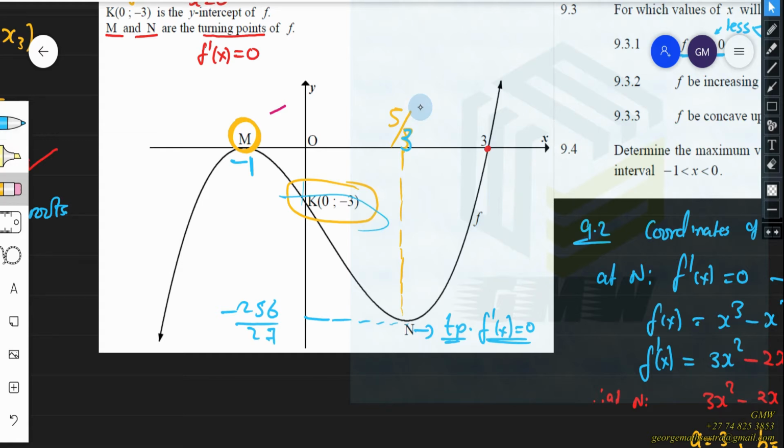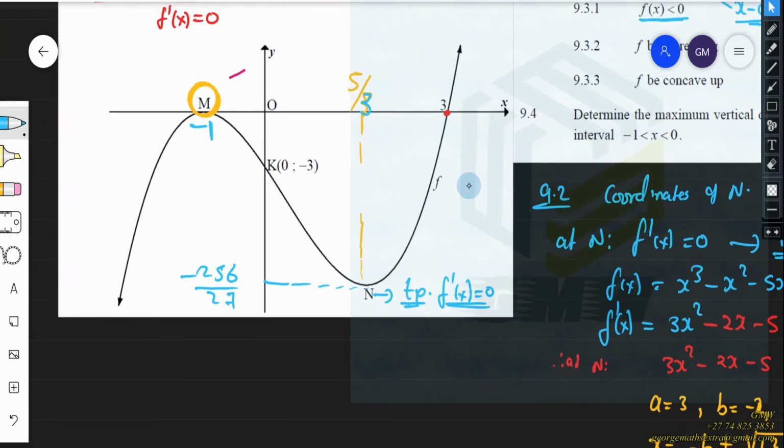So now we are saying for which values is this graph below the x-axis. Now, if you look closely, you can see that for all the values from here, 3, going in this direction, for any value of x that you can think of, the function is clearly below the x-axis. But at this point, it is actually on the x-axis, and yet the question doesn't want that value.